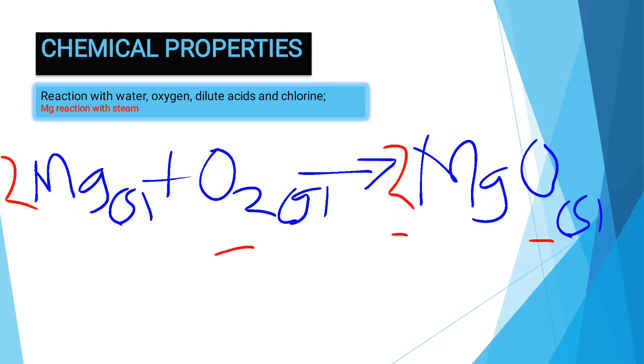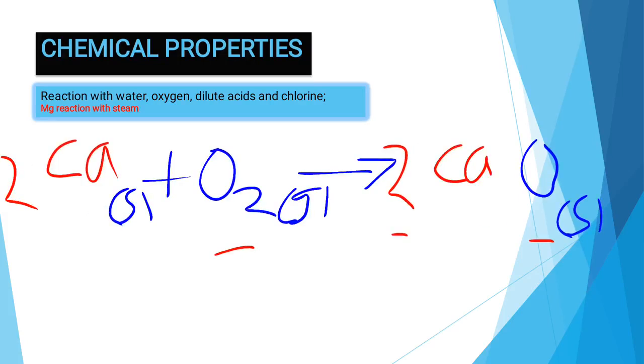If you are to write the equation for calcium reacting with oxygen, I hope you can now get the trend. Pause the video and try to see whether you are able to do that. Welcome back. I hope this is how you wrote it. You just replace magnesium with calcium, and the equation is automatically balanced.